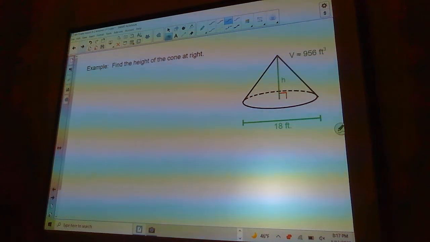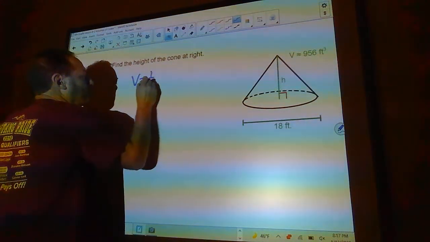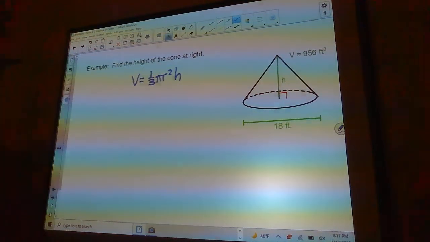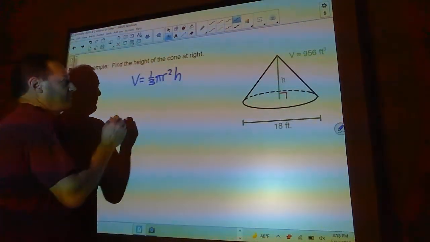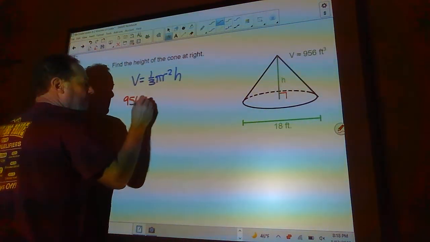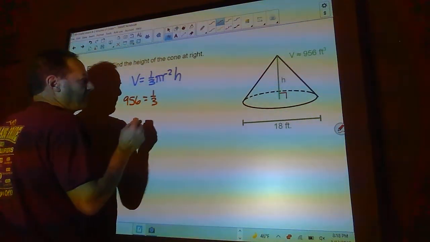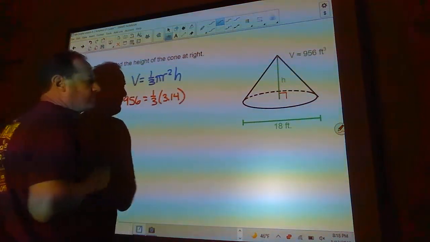Okay, so now in this one we're going to find the height of the cone. We're going to use the same formula though. Volume equals 1/3 pi r squared times the height. Over here we have the volume is 956, and we've got 1/3 here. We're going to go ahead and use 3.14 for pi.